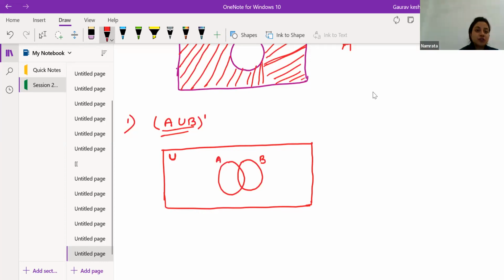So what will be the A union B complement? The Venn diagram will be: exclude A union B from the universal set. That is the complement of A union B. So exclude A union B. Everything, whatever is there in the universal set, except this one. So let's shade it.